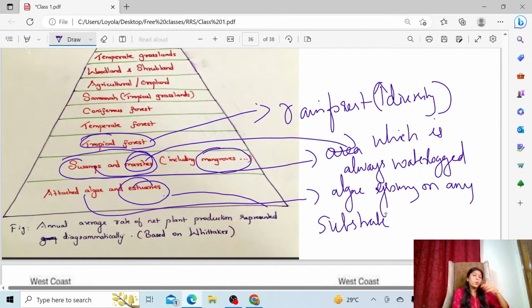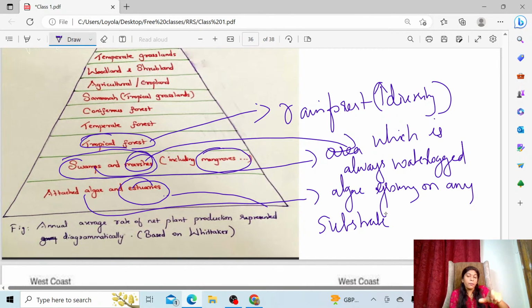I also told you, when we talked about the succession chapters, that when a rainforest is completely removed, it is not easy to bring back a rainforest again. This is the main reason. The rainforest is always dense in nature. What happens when, due to fire or deforestation, they remove the trees?